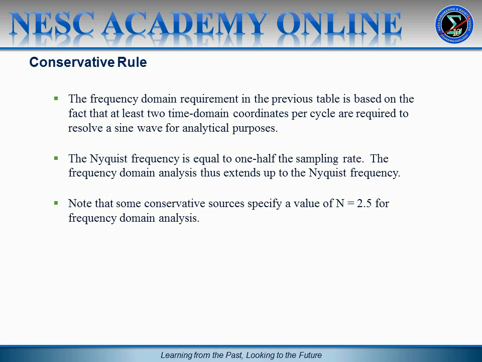And note that some conservative sources specify a value of n equals 2.5 for frequency domain analysis. So if we need our power spectral density to be up to 2,000 Hertz, then our sample rate should be 5,000 samples per second, per the more conservative rule of thumb.